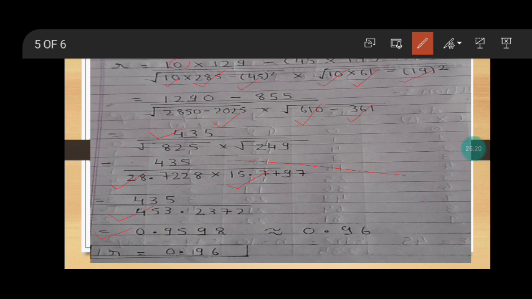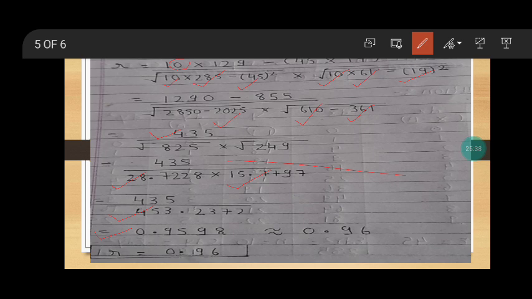Okay, and therefore I have taken 0.96 over here. So the value of correlation in this problem is R is equals to 0.96.